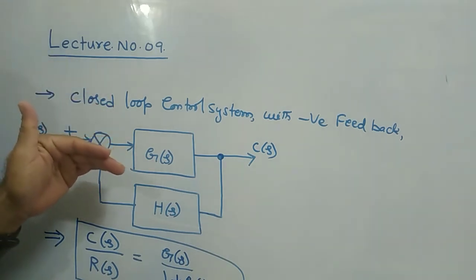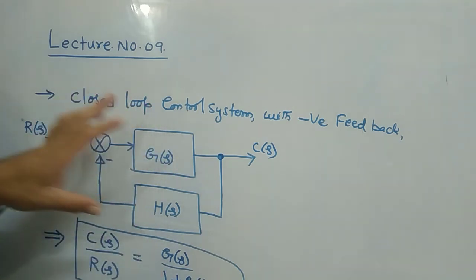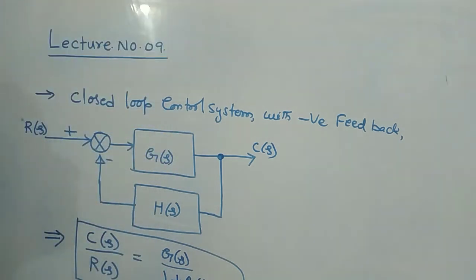In today's presentation, we have verified the same result of this block diagram with the help of the signal flow graph. Even with the signal flow graph, you must obtain the same result, and absolutely, we obtained the same.